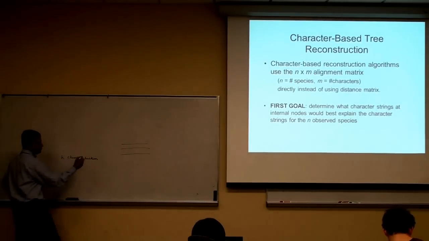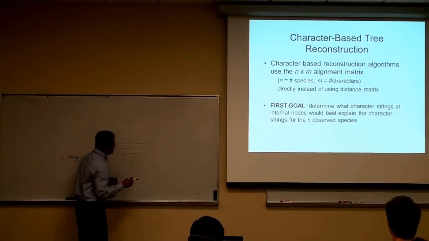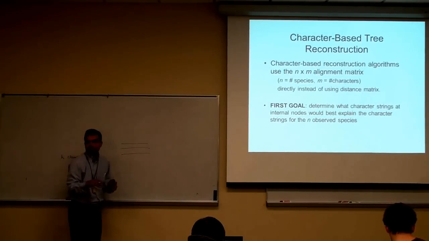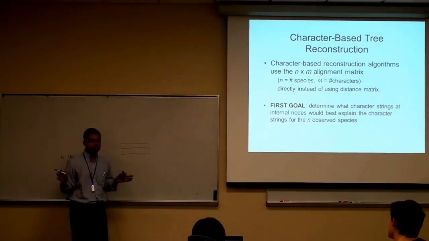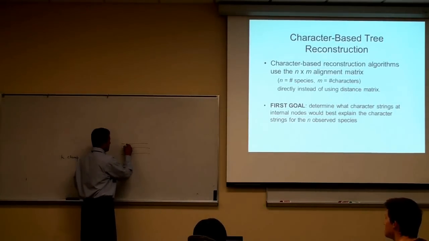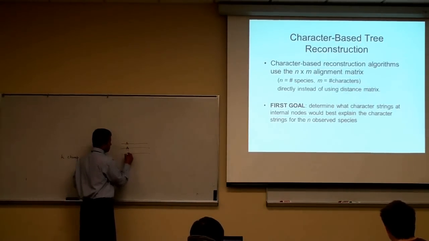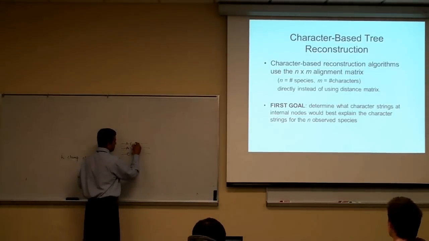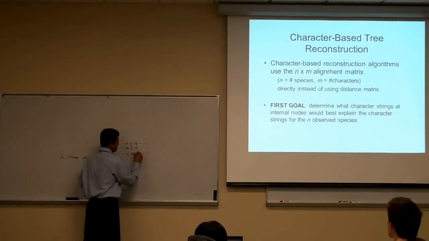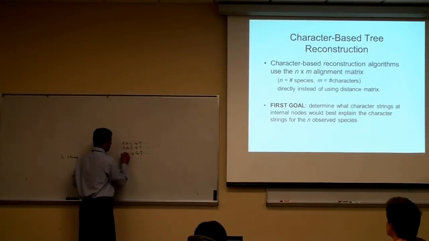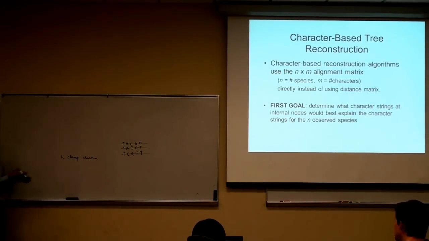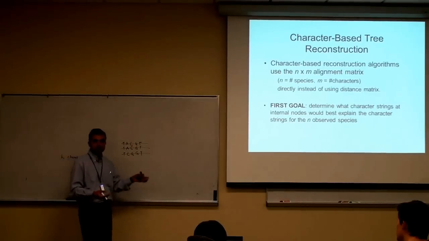So now what you have is you've aligned these. For simplicity, let's assume that there's no gaps, or that we've gotten rid of all the gaps. So that what we have looks maybe like this. It's an alignment with some mismatches in some columns in some species.